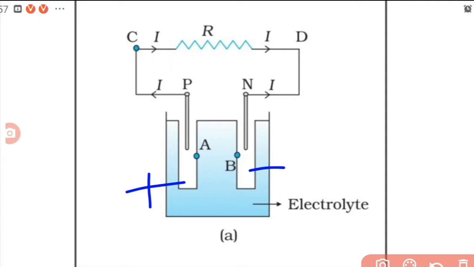The resistance offered by the electrolyte of the cell towards the flow of current through it is known as internal resistance. So internal resistance means the resistance offered by the electrolyte of the cell.